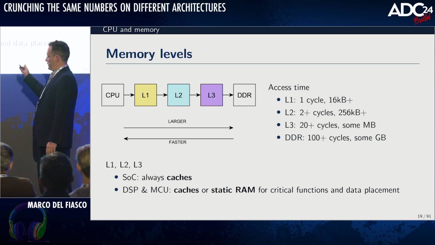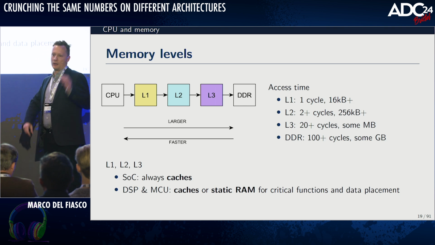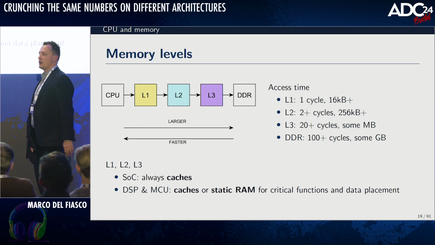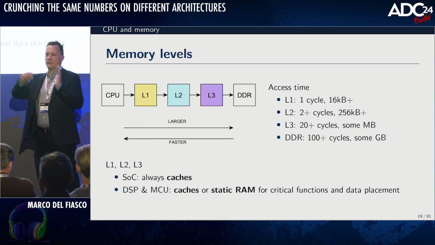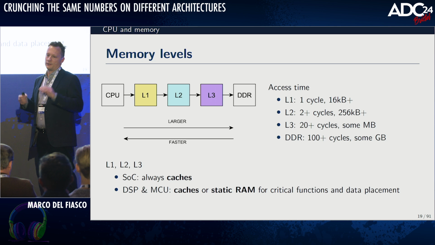One small clarification is that on systems on chips, when we talk about L1, L2, L3, if any, we are talking about caches. Caches are memory that hold the content of the main memory to make the CPU access faster. While on DSPs and microcontrollers, typically they can be configured as caches, but you are also free to use them as static memories.